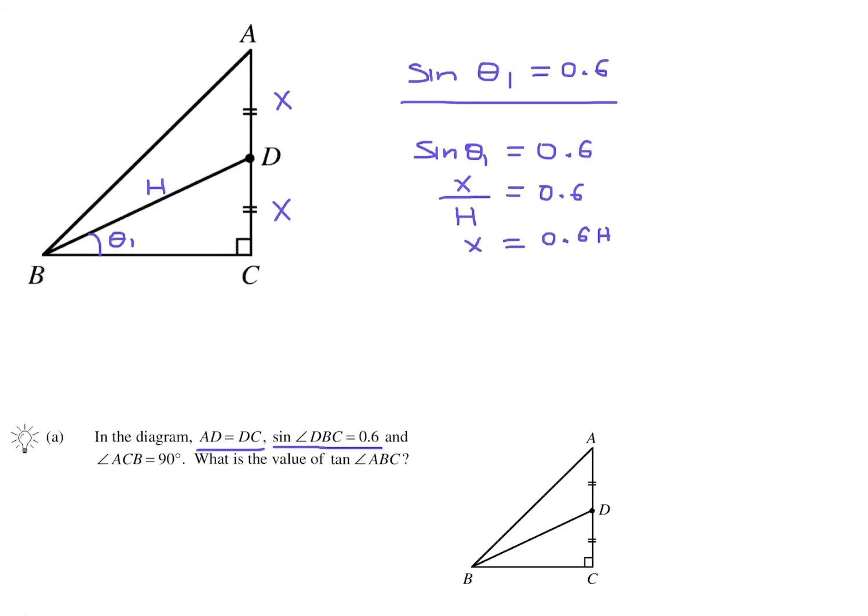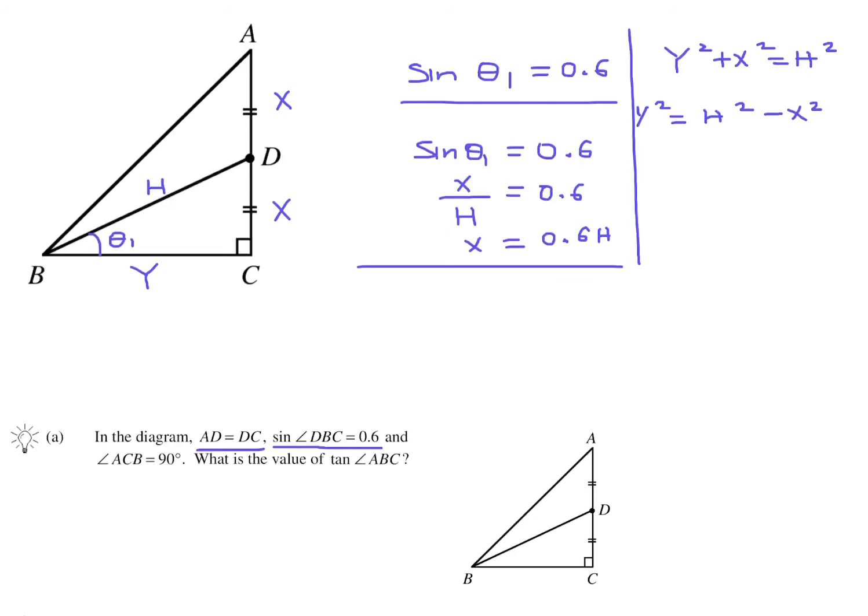Now we will introduce a second variable right here, BC. BC I will call y. And when I do that, I'll be able to figure out a Pythagorean relationship in the triangle BDC because we have a right triangle. So that relationship is y squared plus x squared is equal to h squared, and therefore, y squared is equal to h squared minus x squared.